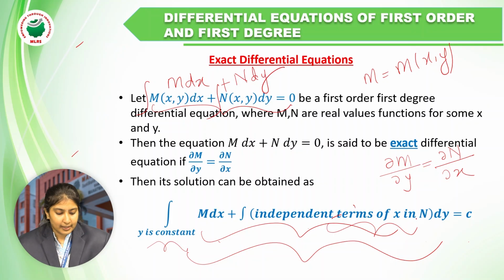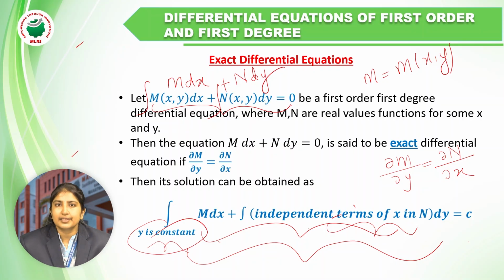So let's discuss. In integration of m dx, y should be taken as constant. That is, in whatever terms m consists of, y should be constant. And whatever terms in n are there, they should be independent of x.